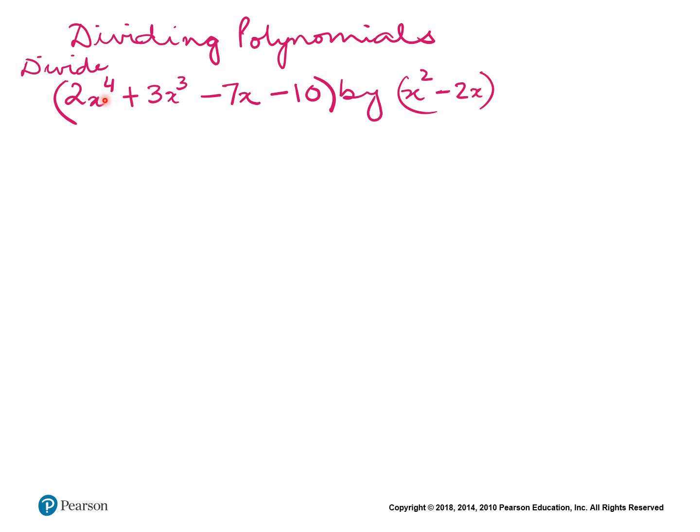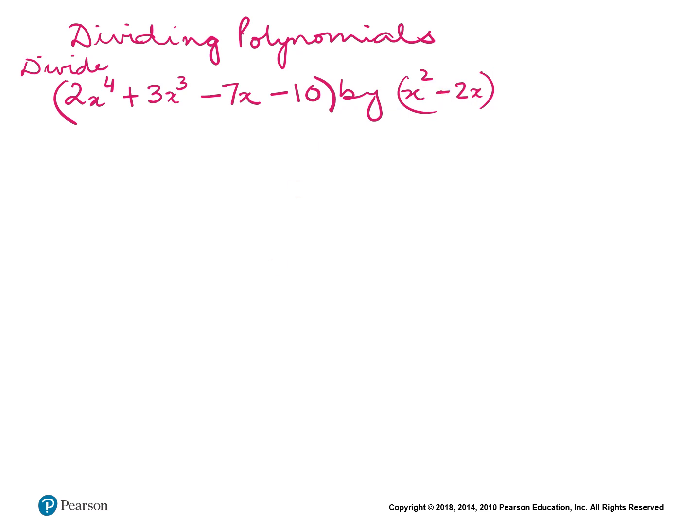Now, first, let's quickly check if the polynomial is arranged in proper order of descending exponent. So we have 4, 3, then x to the 1, and then x to the 0, which is minus 10, right? And so is the divisor. We have to check that for both the dividend as well as the divisor.